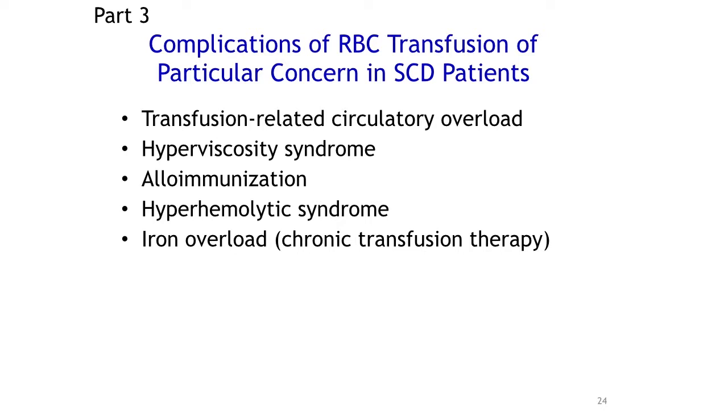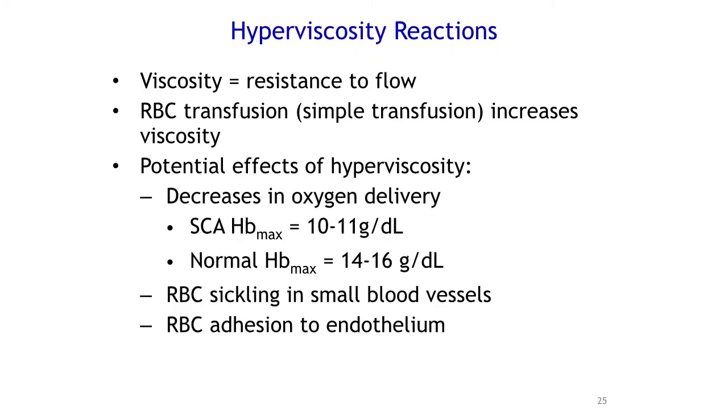So just briefly, hyperviscosity reaction: basically there's resistance. The flow becomes slower, and as a result, it may predispose to further vaso-occlusion. And ultimately, there's reduced oxygen delivery to the different organs.